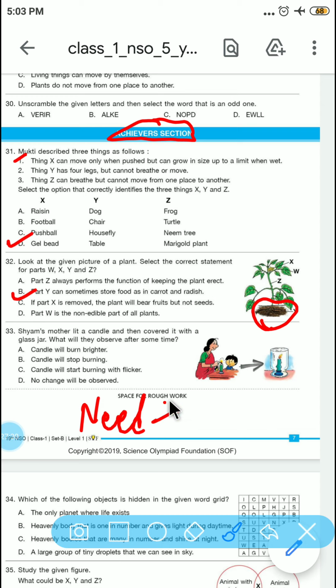Okay. And since there is no air here, after some time the candle stops burning. So the candle will stop burning. Okay. The answer of 33rd question is B.